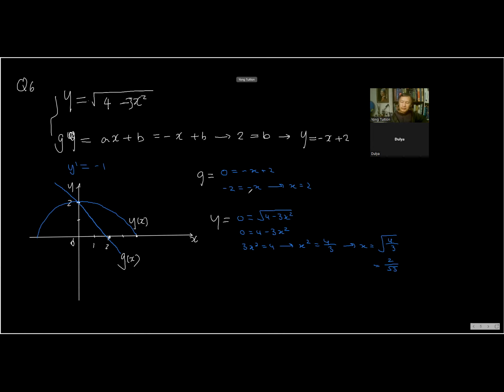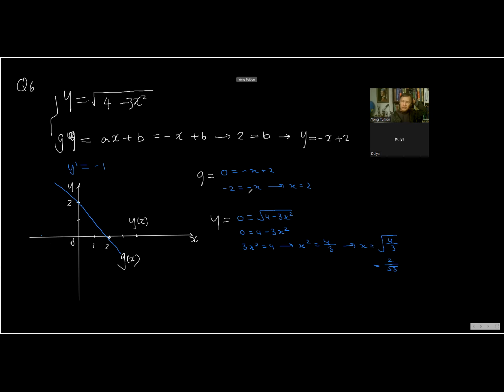Is it larger than 1 or smaller than 1? Smaller. Actually, it would be larger than 1, but smaller than 2, right? So you have to redraw this diagram, because the intercept of the curve is less than the intercept of the straight line. 1 point something. Can you work that out?